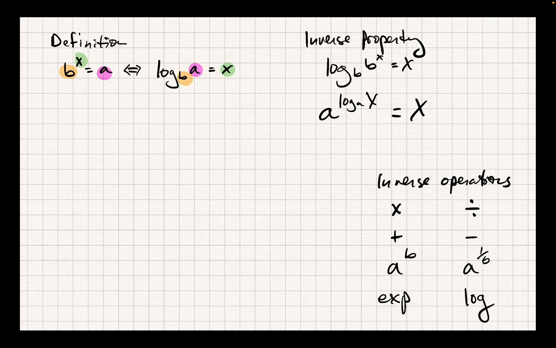Somebody tell me what the one-to-one property is. Like for logarithms, the arguments are equal to each other when the bases are the same. The bases are equal.